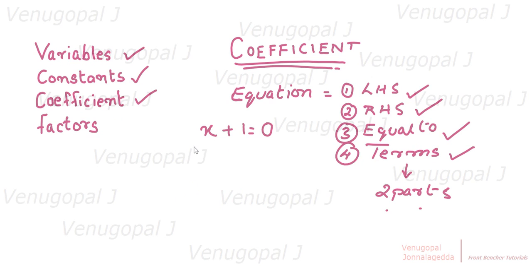So this is a term in this equation. If the term is only a variable, by assumption you should always consider the coefficient to be 1, because 1 into anything is the number. Okay, that's 1. And the variable, anyways, you know the variable is the x part, x.